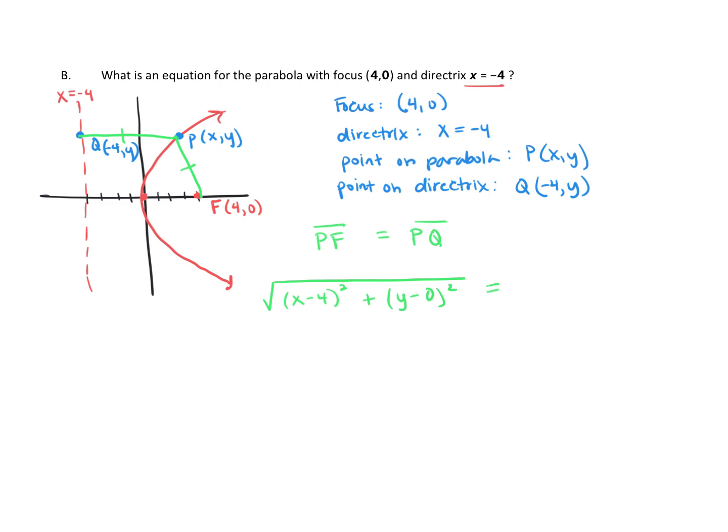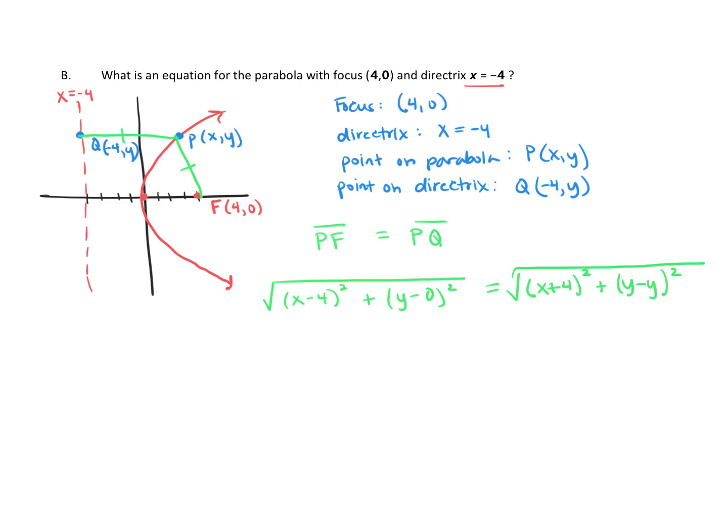That's the distance from P to F. That's going to be equal to the distance from P to Q. So we take the square root of, again, just the distance formula: subtract your x's, so x minus, and the x value of Q is -4. Minus a -4 turns into +4 squared. Plus y minus y squared.